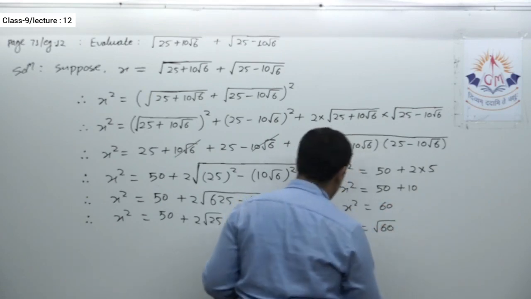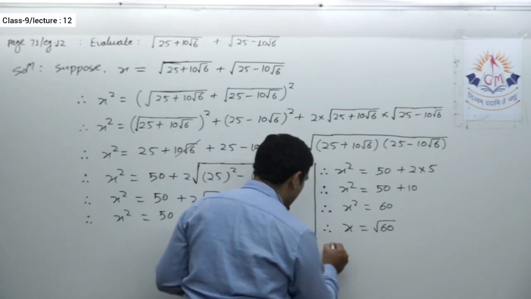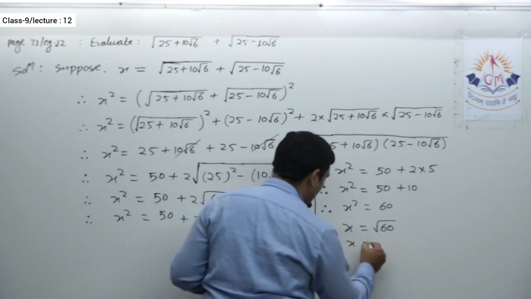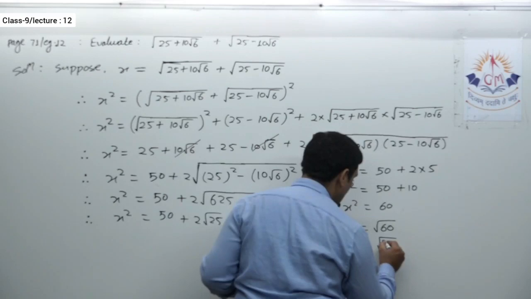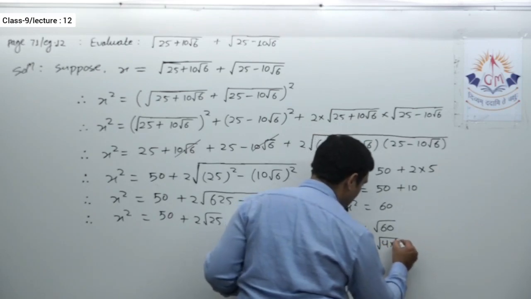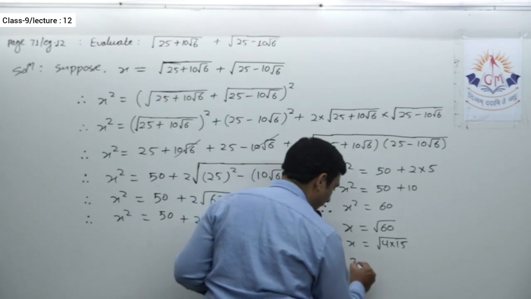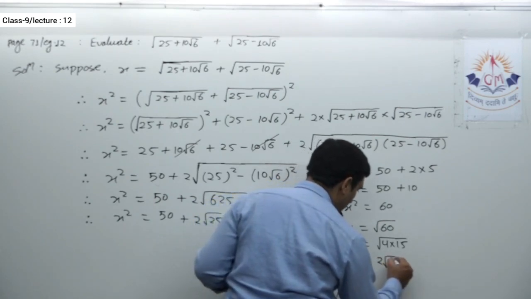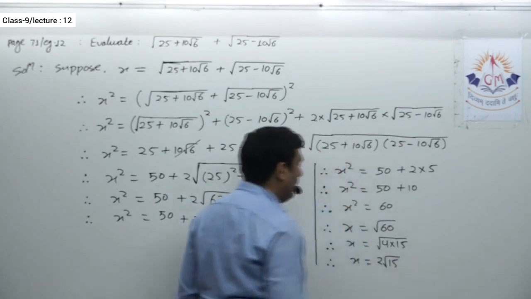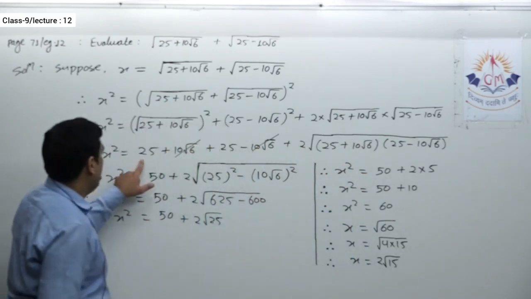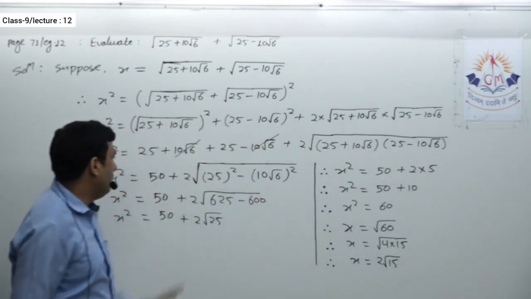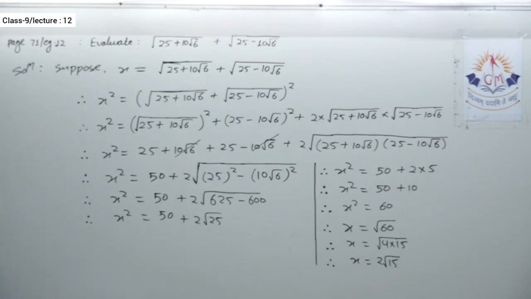Now the square root of 60, if I simplify it further, I can write x is equal to root of 4 into 15, and finally x is equal to 2 root 15. This will be my final answer. Here it was 25 plus 25, so it should be 50. Now you can note it down.